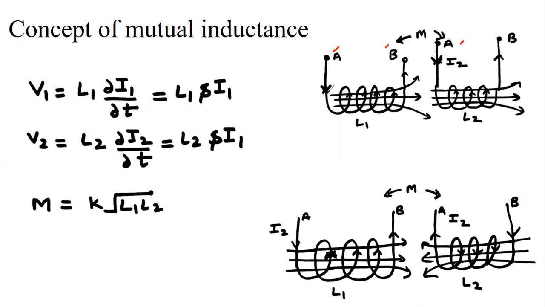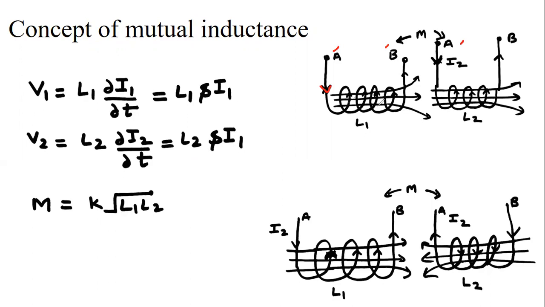Okay, so whenever a current flows in a coil, there will always be a flux linked with the coil. Okay, and we can calculate the direction of flux using the right hand thumb rule.